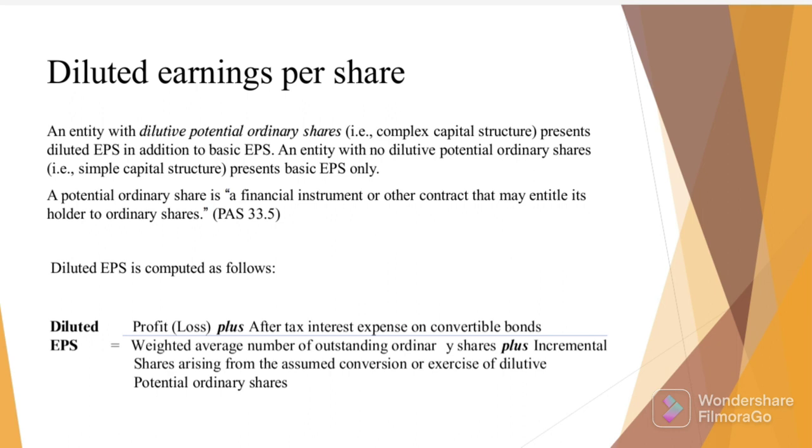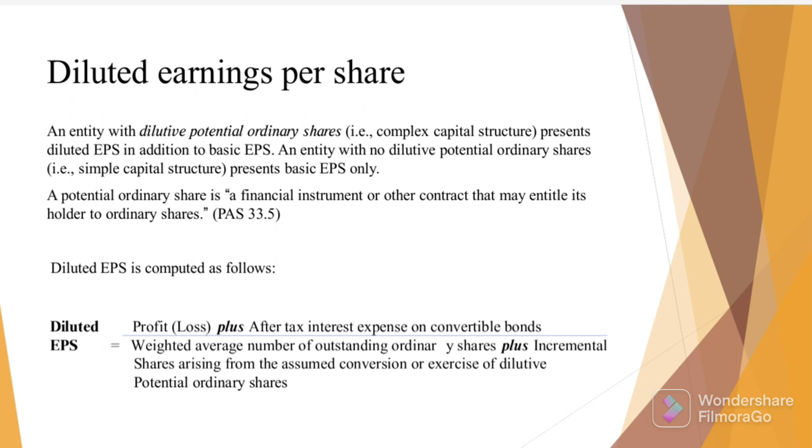Sa pag-compute ng diluted earnings per share, kino-consider ang potential ordinary share kapag dilutive ito. Paano masasabi kapag ang potential ordinary share is dilutive? It is when exercised, nababawasan yung earnings per share or nag-i-increase yung basic loss per share nila.